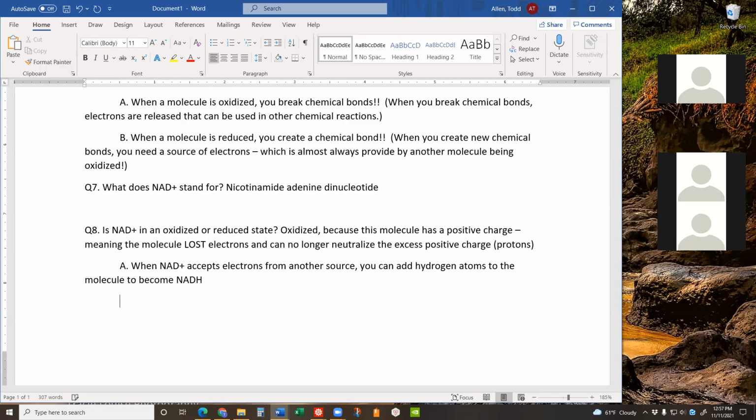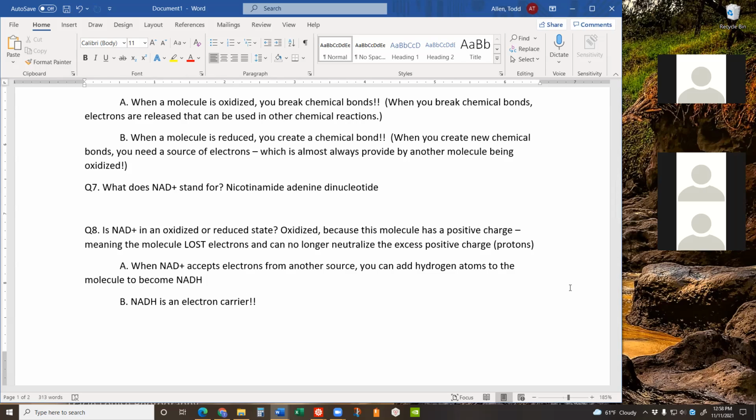So here's the deal: NADH is an electron carrying molecule. It's an electron carrier. Hopefully that's come out of some of the reading that you have done.